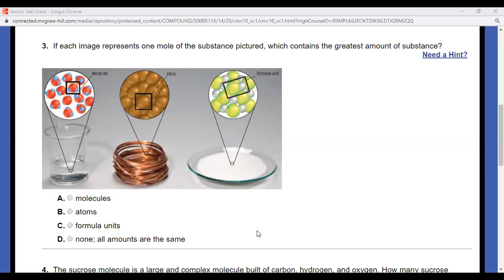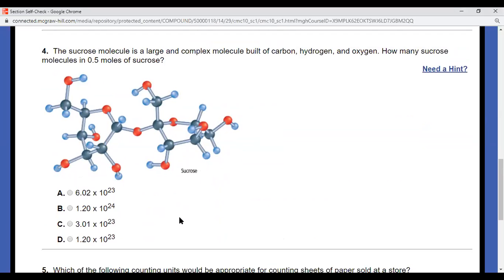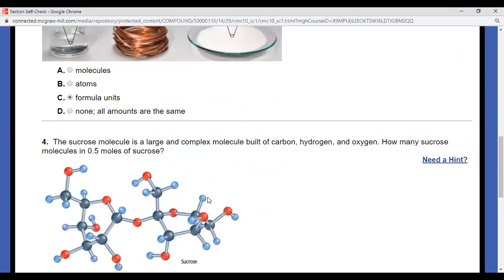Okay, I think molecule. Molecule. Okay. Formula unit. Sorry, I meant formula unit. Okay.